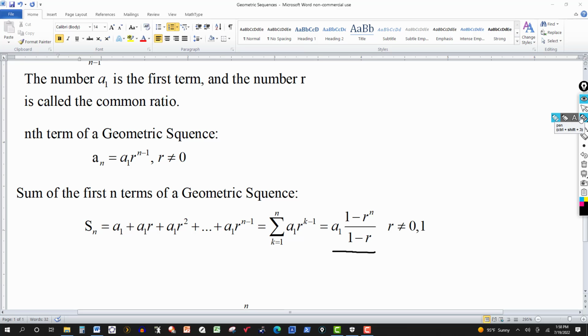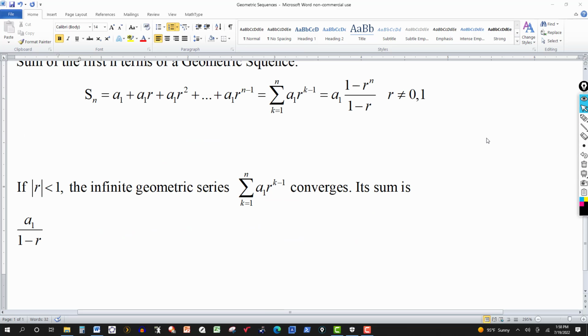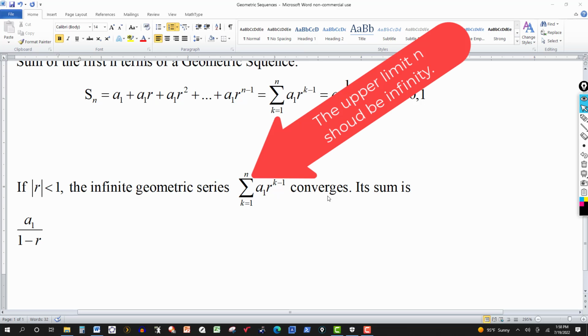Now you can also have infinite series. This one goes from 1 to n, that's a finite series. In this case, we're adding the terms. Sometimes this will go to infinity, and there's a formula for that, which is given by this. If the absolute value of R is less than 1, the infinite geometric series, now we're talking about a sum, converges.